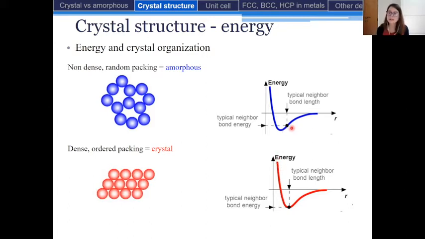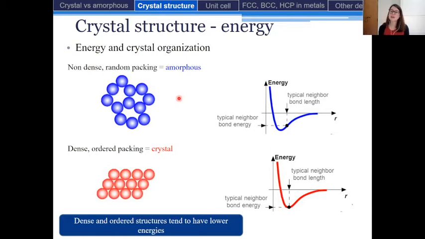And so, according to this graph that represents the energy as a function of the interatomic distance, the energy of this material is a little bit higher. So it does not correspond to the minimum of this curve, but it corresponds to the energy found at this average interatomic distance. Okay, so the energy of an amorphous material is higher than the energy of a dense and ordered crystal material.